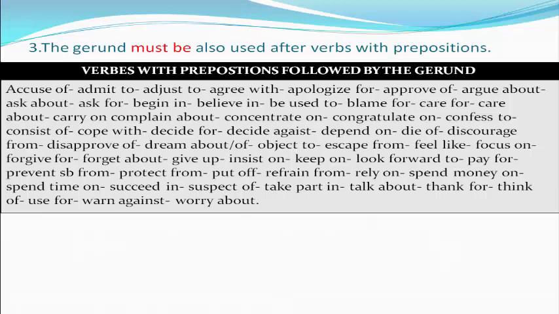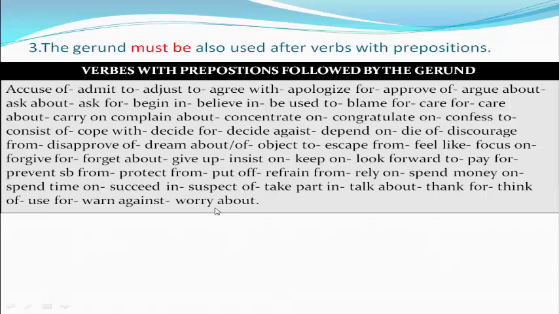Accuse of, admit to, adjust to, agree with, apologize for, approve of, argue about, ask for, begin with, believe in, be used to, blame for, care for, and so on till we have here suspect of, take part in, talk about, think for, think of, use for, warn against, worry about.